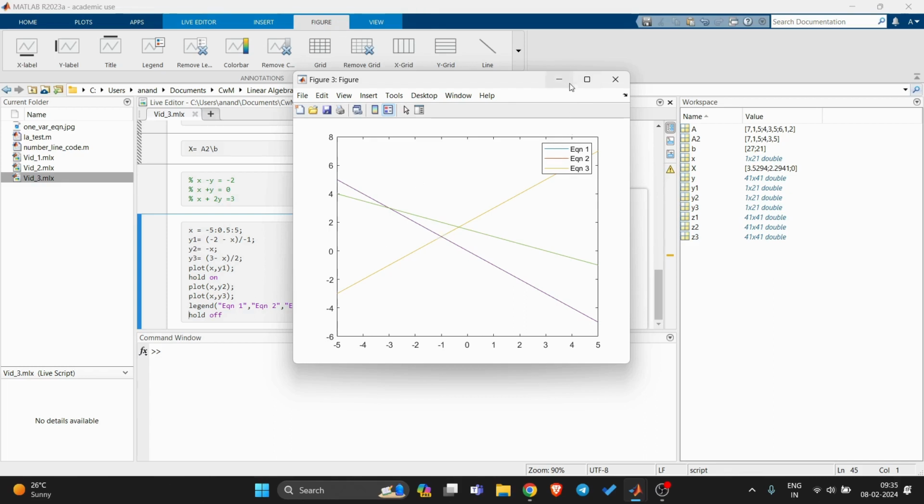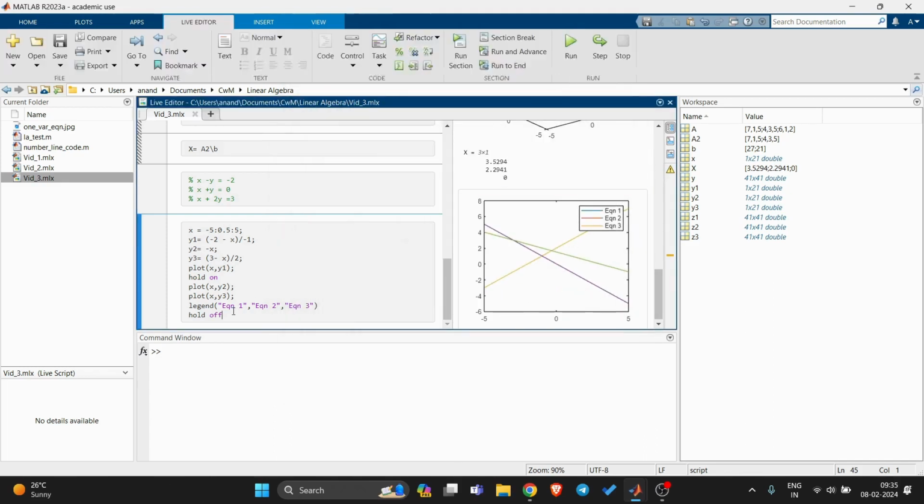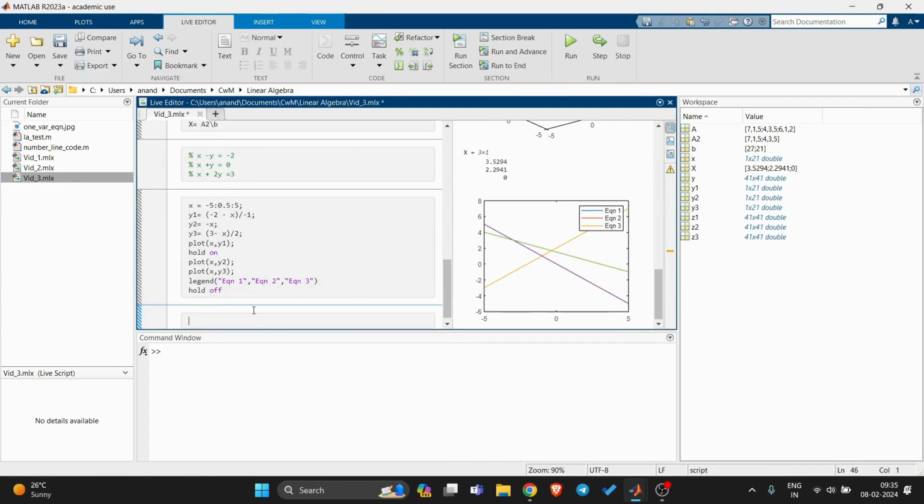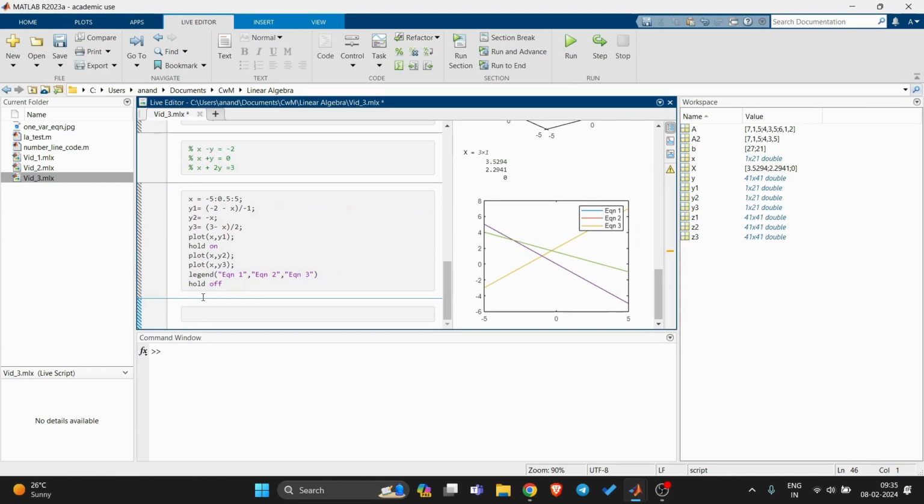So let's try the backslash operator here. Let me check which point the backslash operator returns.